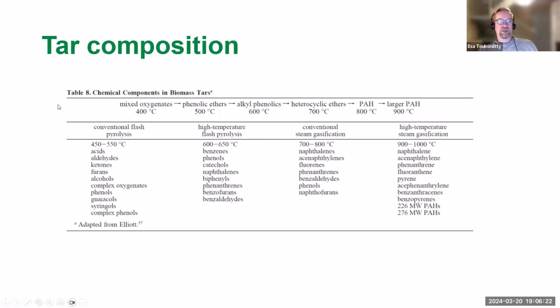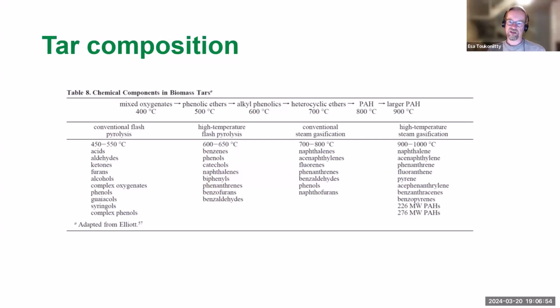Table 8 here describes the chemical composition of biomass-based tar material. I will not go through these chemicals, I think it's not the point, but these are larger, heavier organic molecules that form this kind of sticky tar material that is not that much volatile.